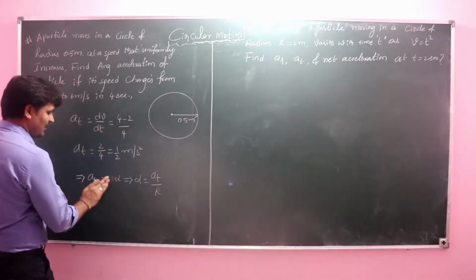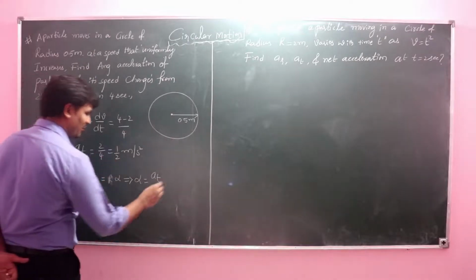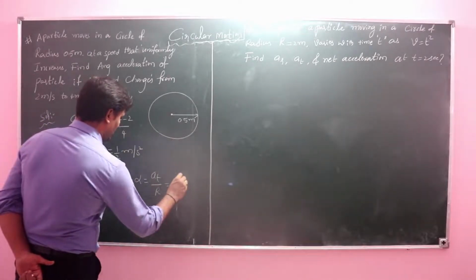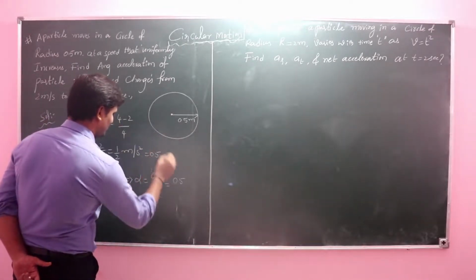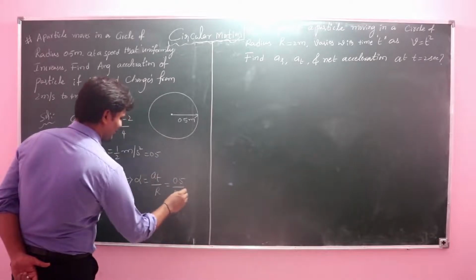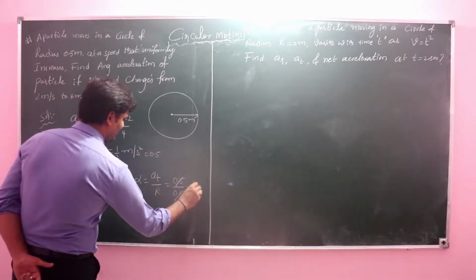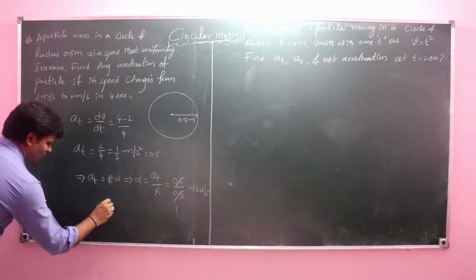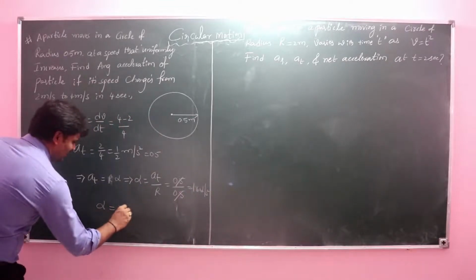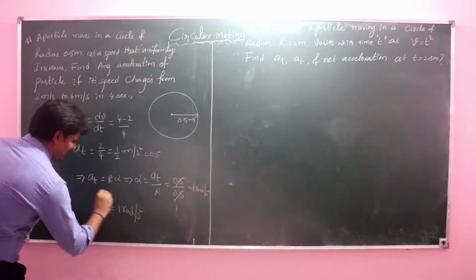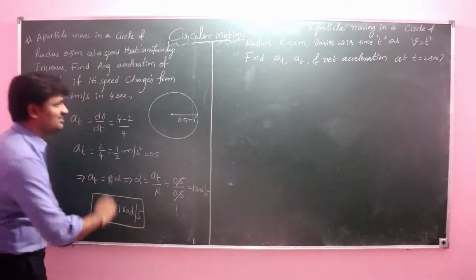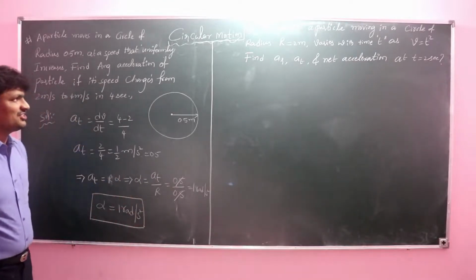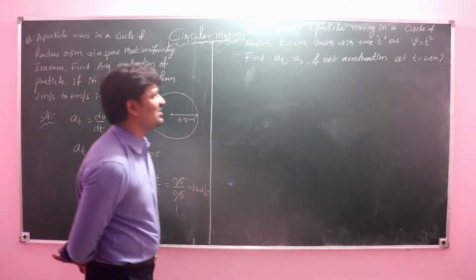The value of r is 0.5 and a_t is also 1 by 2, meaning 0.5. So 0.5 upon 0.5 is 1 radian per second square. The angular acceleration of the particle is 1 radian per second square. We'll move to the next problem.